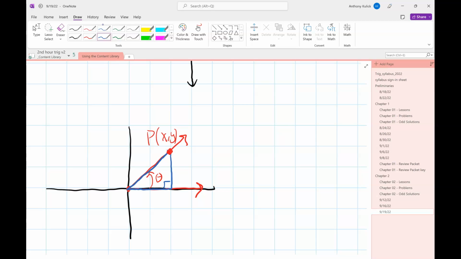Everybody's okay with that idea? According to the picture I've drawn, what should this side length be in my right triangle? That thing in yellow.